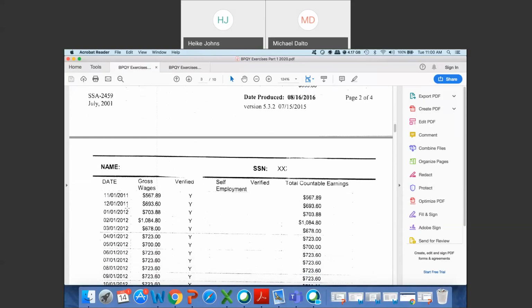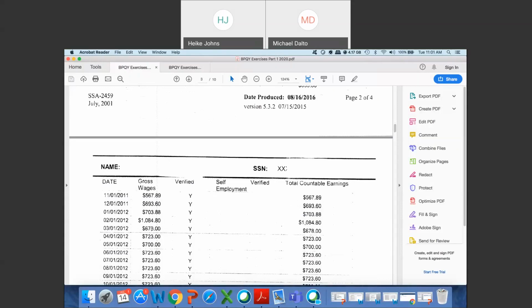We come to February 2012, when the trial work period threshold was still $720. The earnings are $1,084.80 a month. Over 720, that means this would be a trial work month.